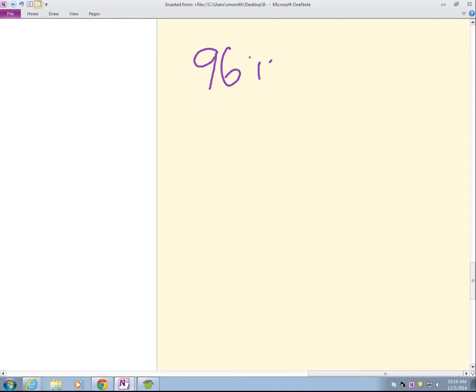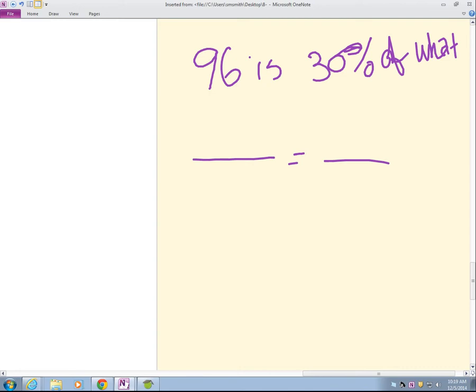96 is 30% of what number? Okay. I'm going to make my proportion. So we have a percent there. First thing we're going to do is put 30 right there. Now, where does my 96 go?